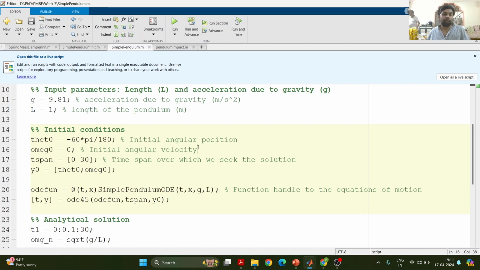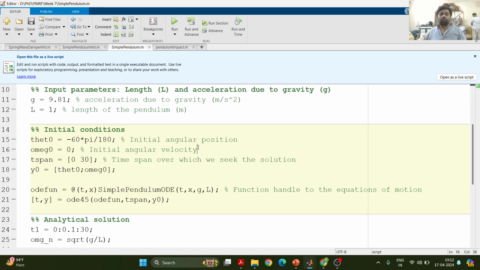We define a vector t span which gives the time span over which we want the solution, and then a vector y naught, which is the set of initial conditions theta naught and omega naught. That is one of the inputs to the solver.